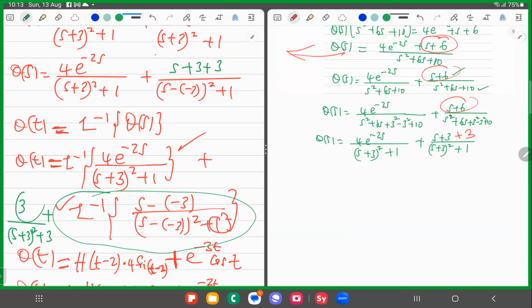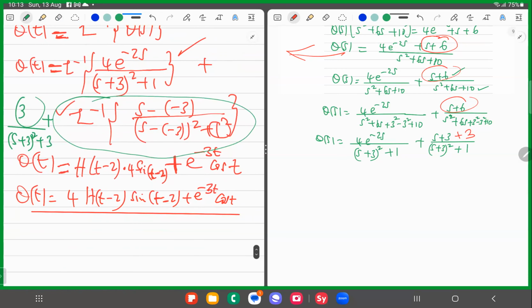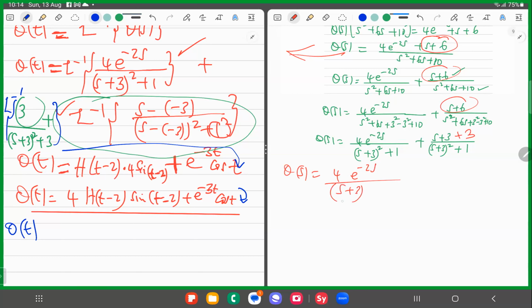There's one more 3 there, that came from that, but we're dividing by the same denominator. When you take the inverse Laplace of that, you also will include it there. So this is going to be theta of s is 4e to the minus 2s divided by (s plus 3) squared plus 1, and then this one is s plus 3.